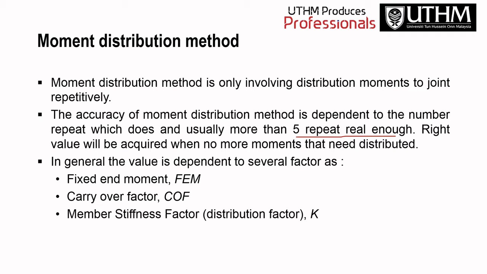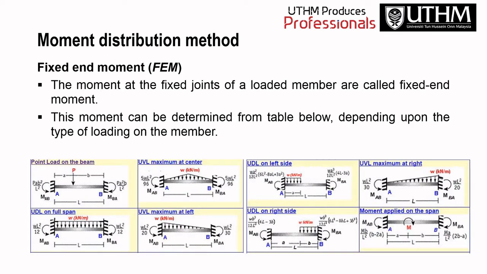Okay, so we go to the next slide. Moment distribution method, for the fixed end moments: the moments at the fixed joints of a loaded member are called fixed end moments, and these moments can be determined from the table below depending upon the type of loading on the member.